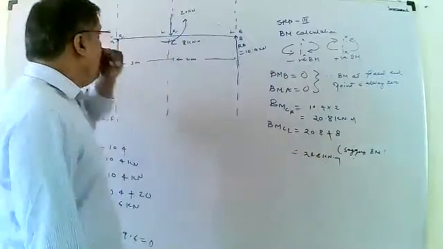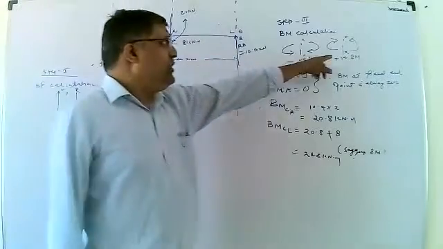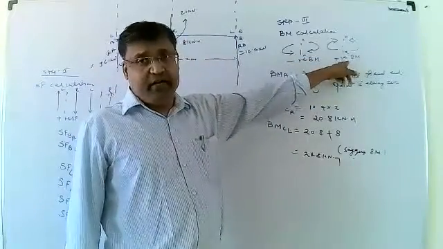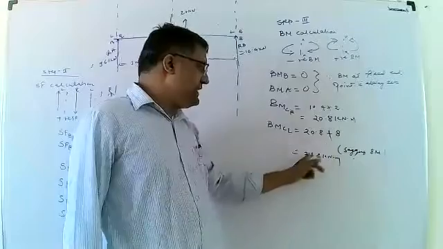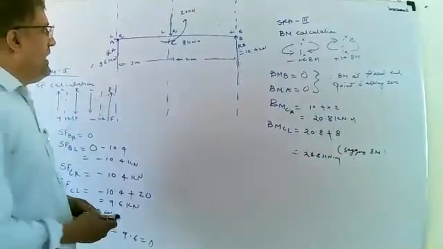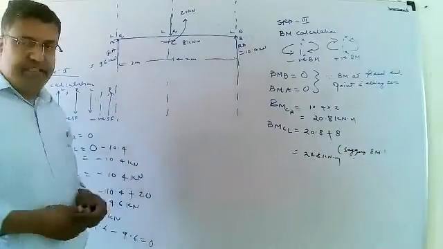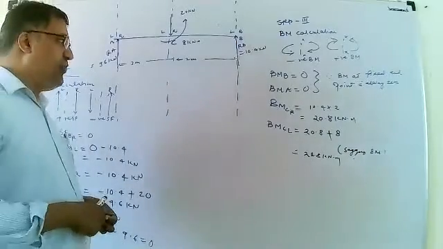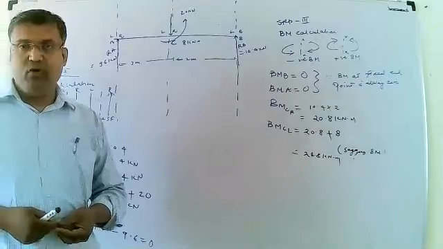Here the value will be positive. Why? Because the second bending moment is 20.8 plus 8, 28.8 kilonewton meter. Bending moment at the point C on the right side, bending moment at the point C on the left side.